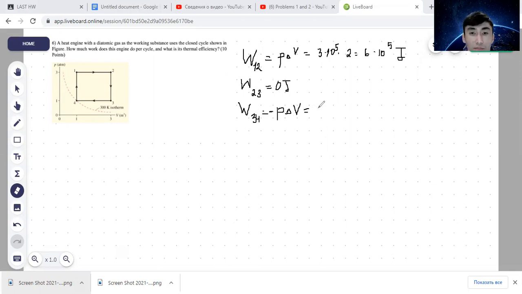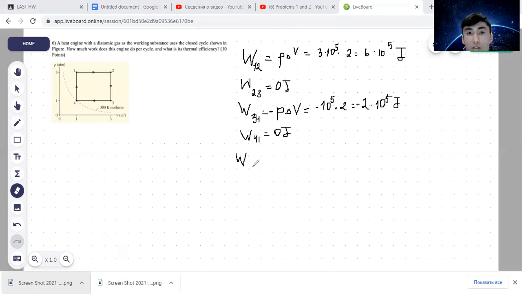So here P is equal to 10 to the power 5 times delta V, which is 1 minus 3, so here will be minus 2 times 10 to the power 5 joule. 4 to 1 is similar to 2 to 3. Volume is constant, so it will be 0 joule.